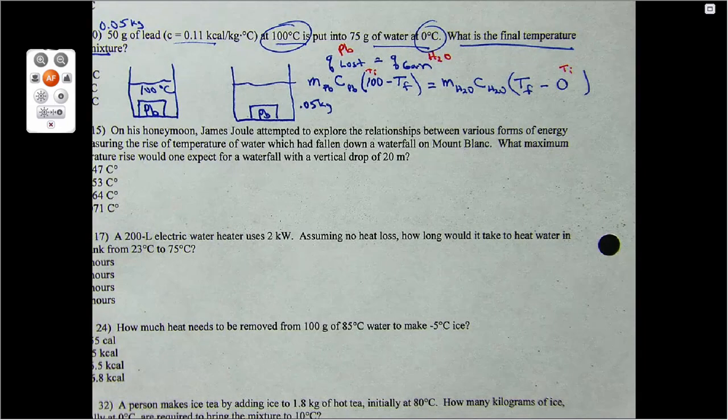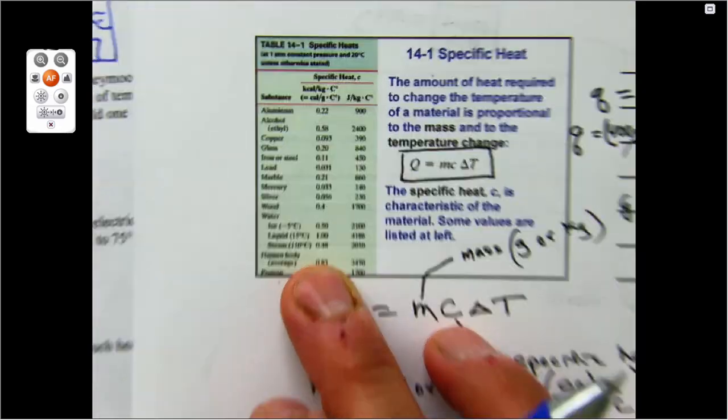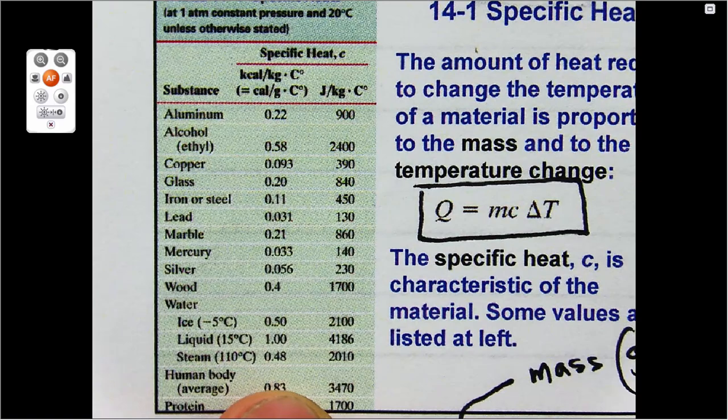We could do it that way as well. These units on this, let me zoom in on this. It's good to point this out.